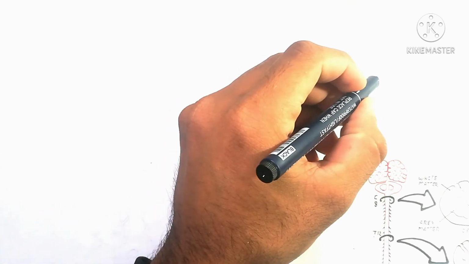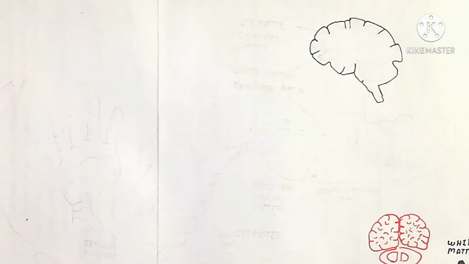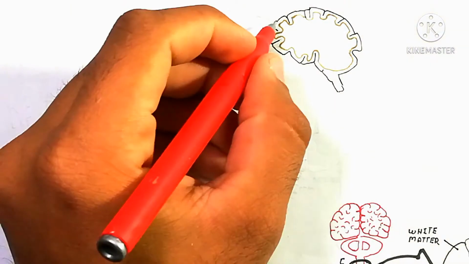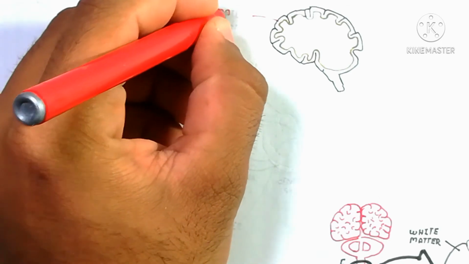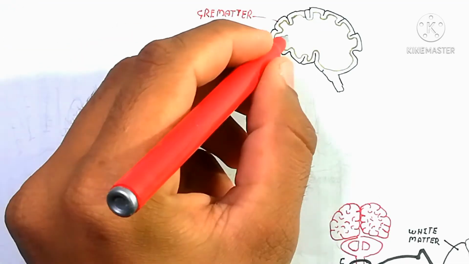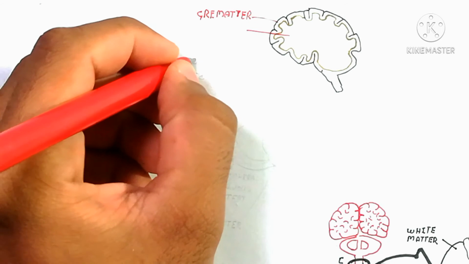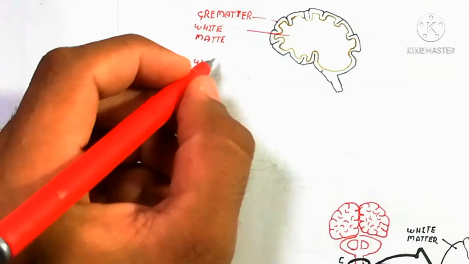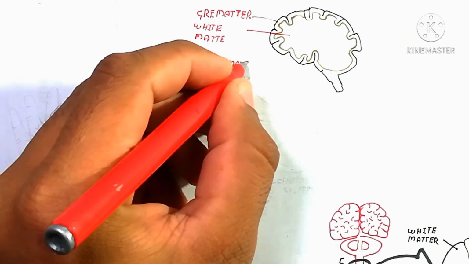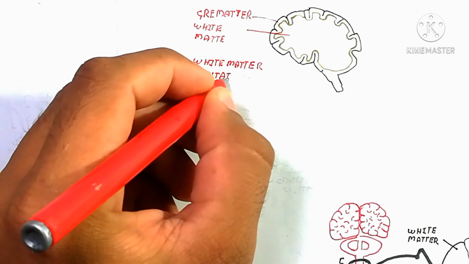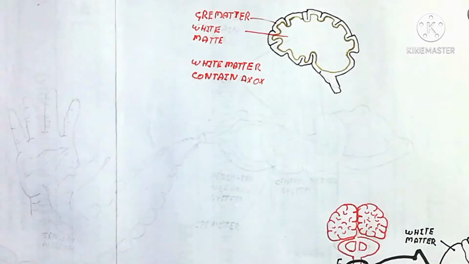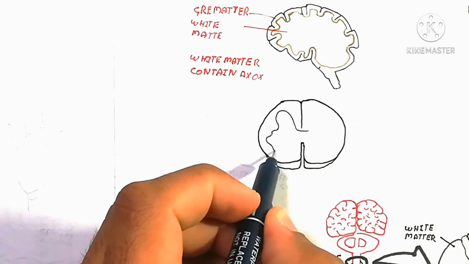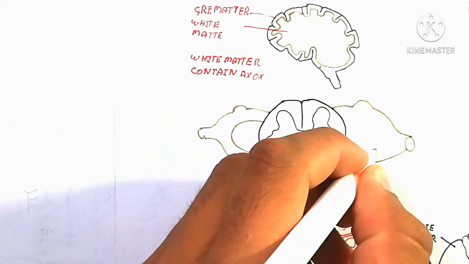So here I will draw a brain which contains gray matter and white matter. The outer border contains gray matter, while in the spinal cord the white matter is outside and the gray matter inside, but the brain contains white matter inside and gray matter outside.